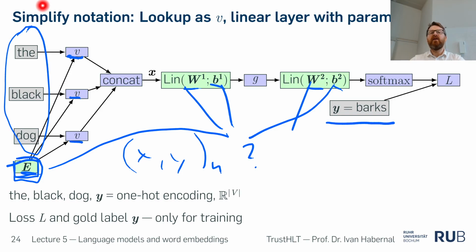We did solve the problem of generalization, because the black dog and the gray dog will produce similar output probabilities for barked, since there is some transfer between these similar words because of the embeddings. This is the first problem of the classical count-based models, where two words like gray and black were completely different, with no semantic meaning whatsoever.